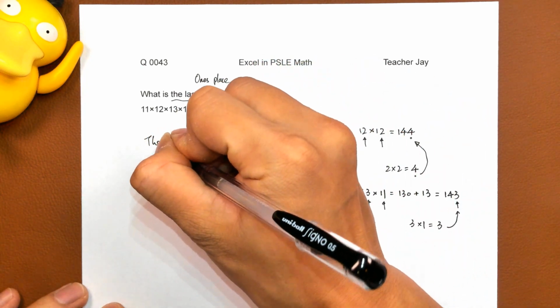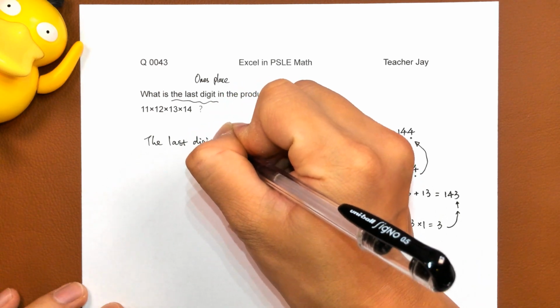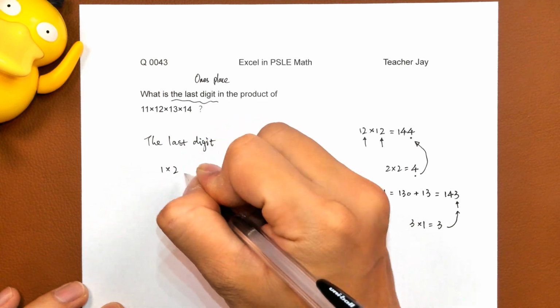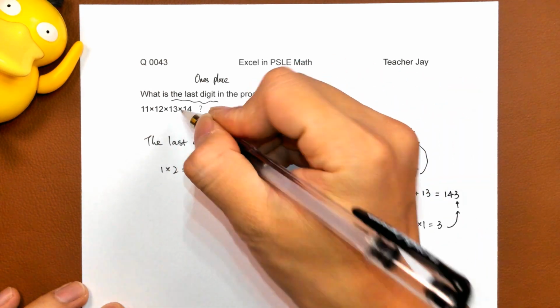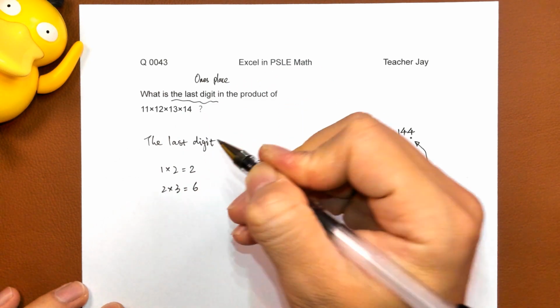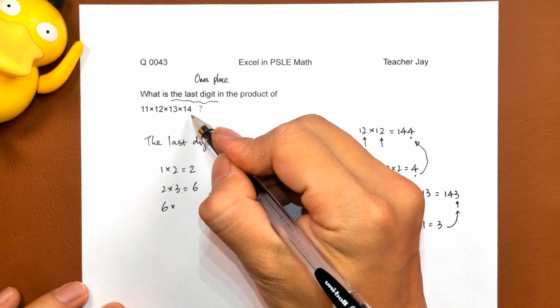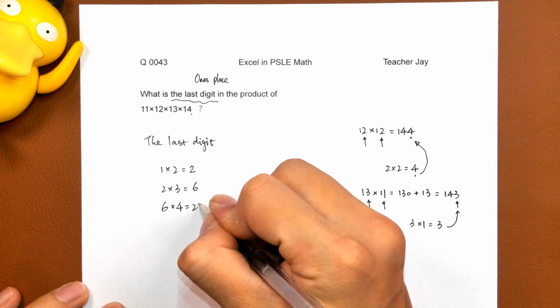The last digit, 1 times 2 first, 2. Then 2 times 3, 6. And 6 times the last one, 4, 24.